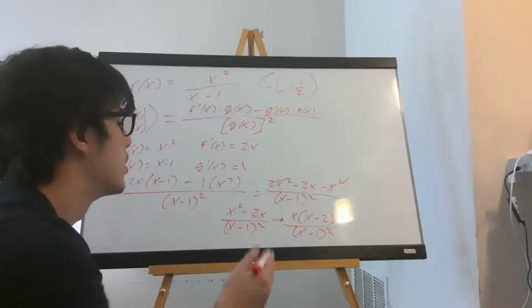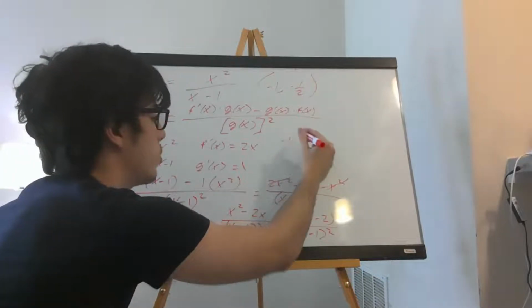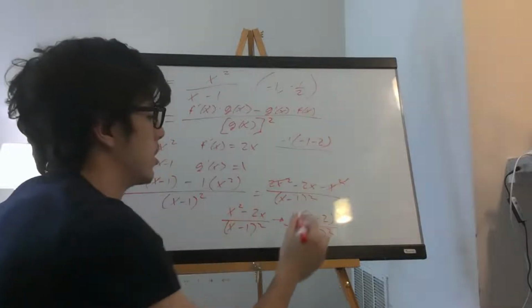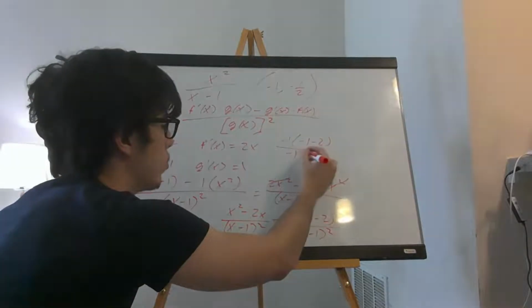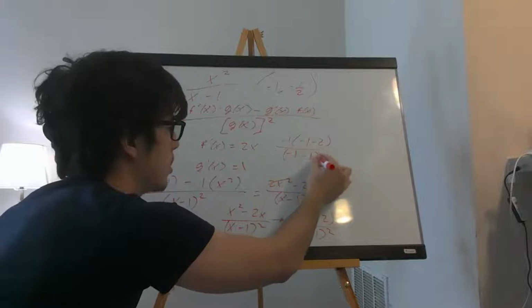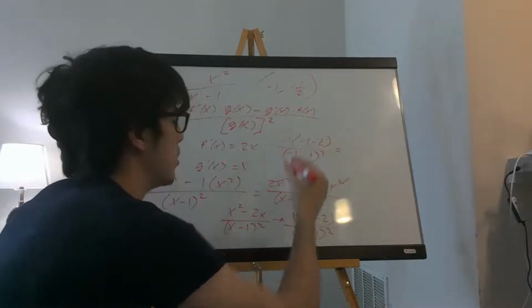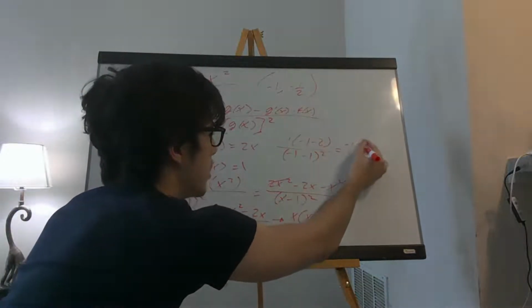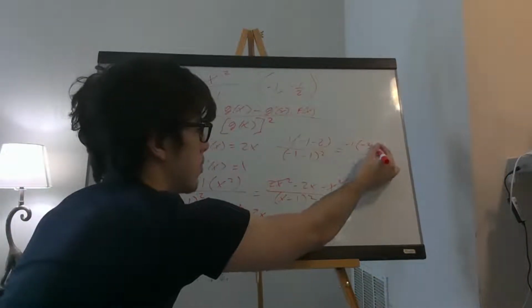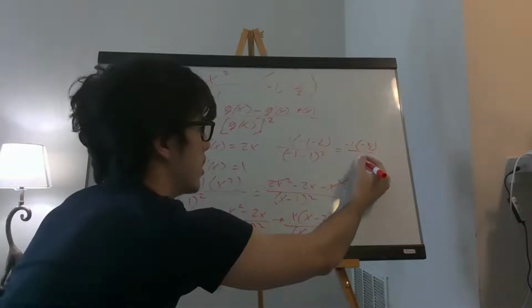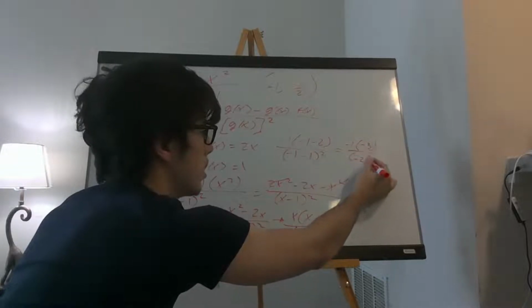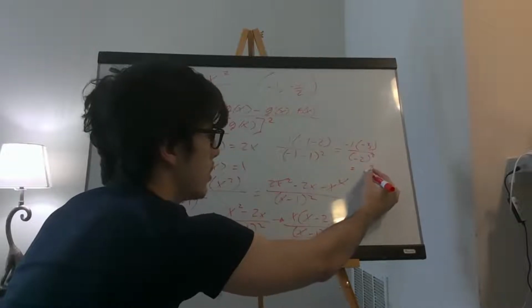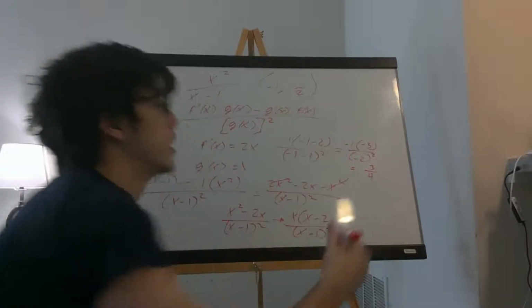So let's do -1: -1 times -1 minus 2 over -1 minus 1 squared, which is going to give us, let's see, -1 times -3 over -2 squared, equals 3 over 4.